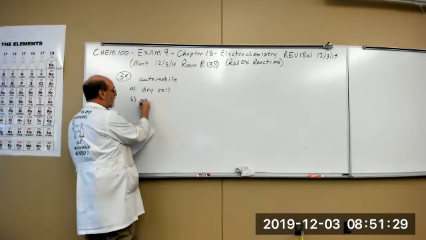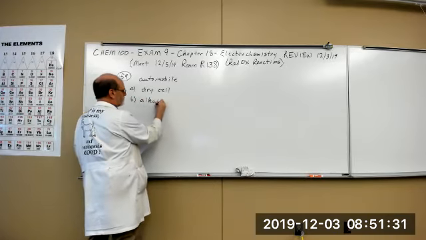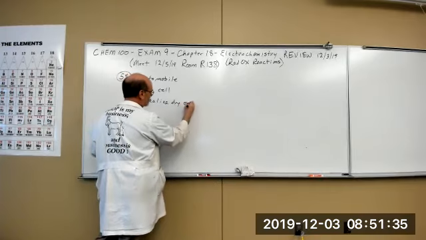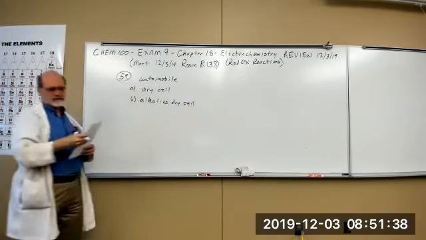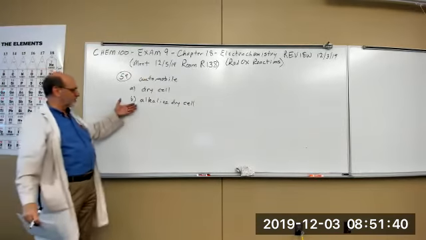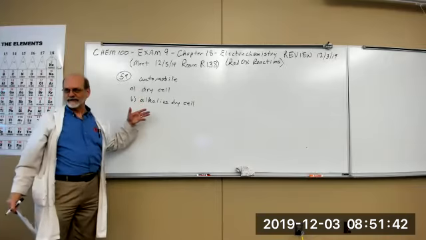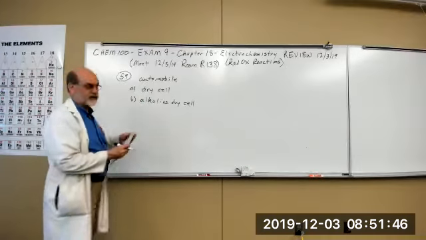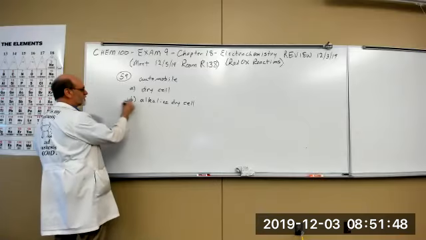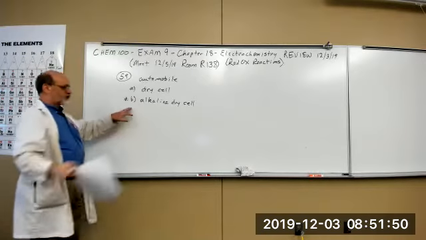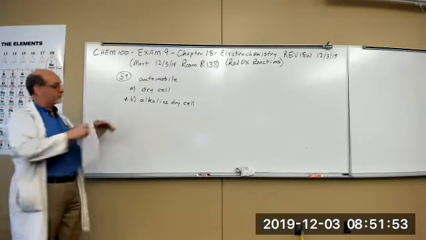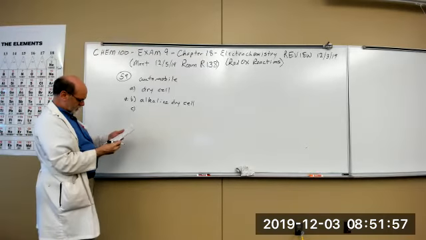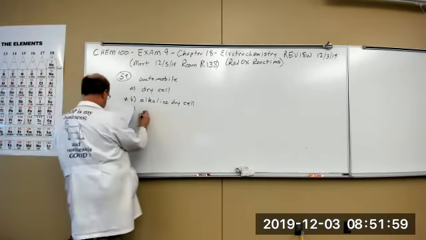But there are specific types of dry cells. Alkaline dry cell is one type. So you might surmise that there are also acidic dry cells. Right? If there's one alkaline, then there's also an acidic type. But this is typically what you put in your flashlight. Let's see, where was I? Here we go. Lead storage.